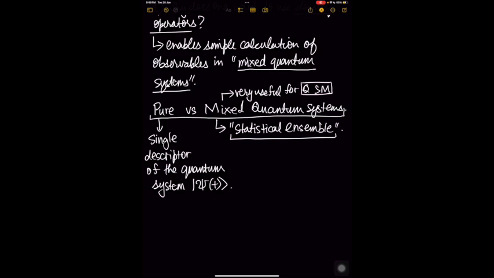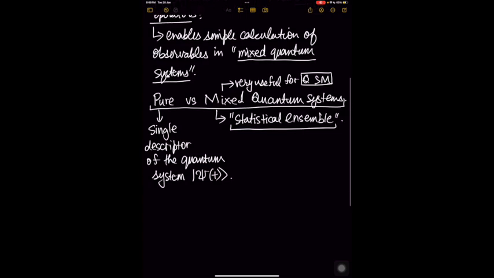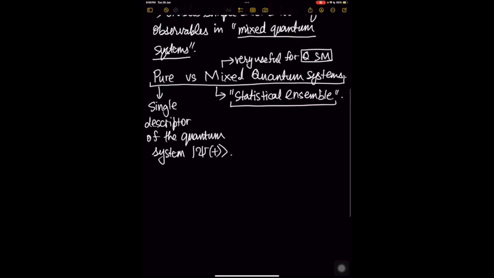Let's say you have a bunch or a distribution of pure quantum systems which you are studying. In that case, you would define the complete system to be a mixed quantum system. You can think of a mixed quantum system as a bunch of pure quantum systems with certain probabilities to be found in that pure quantum system.